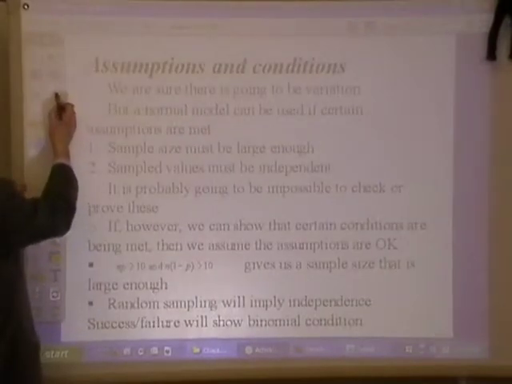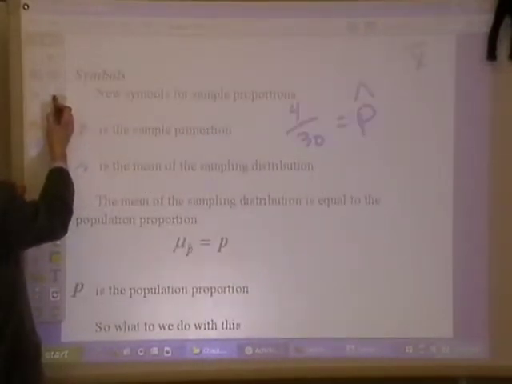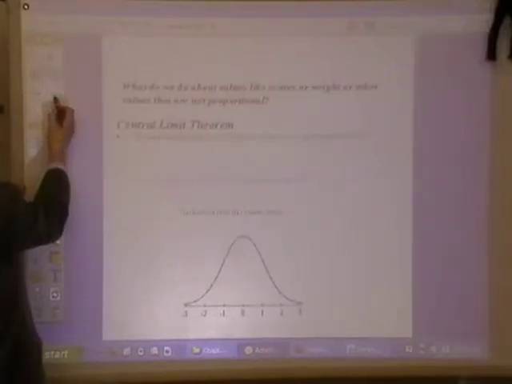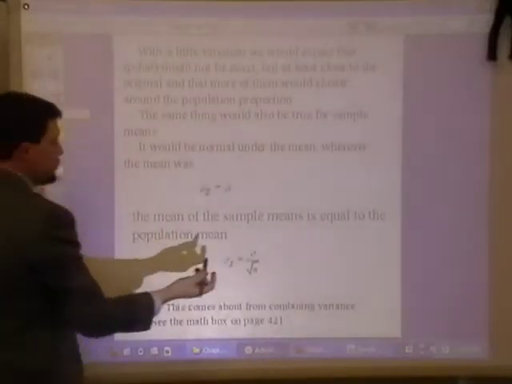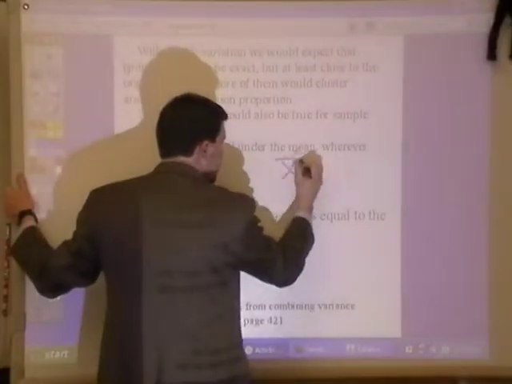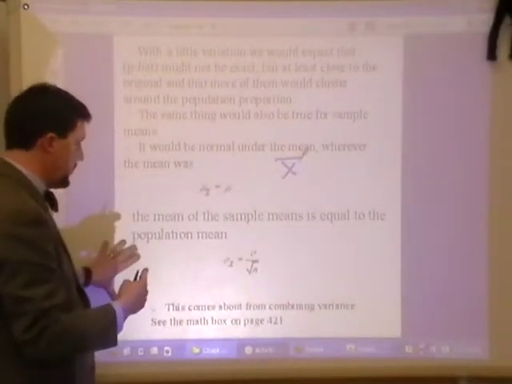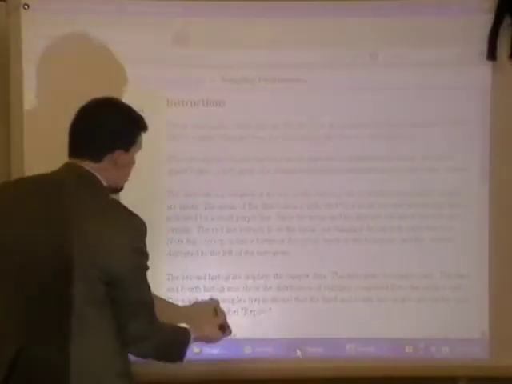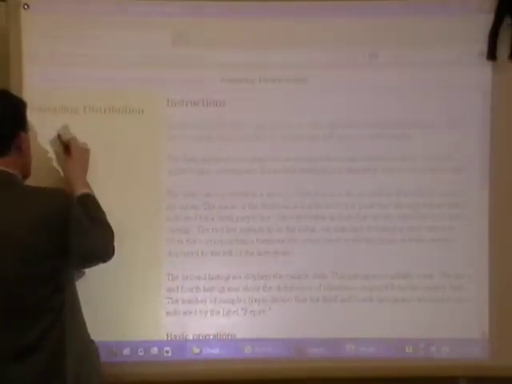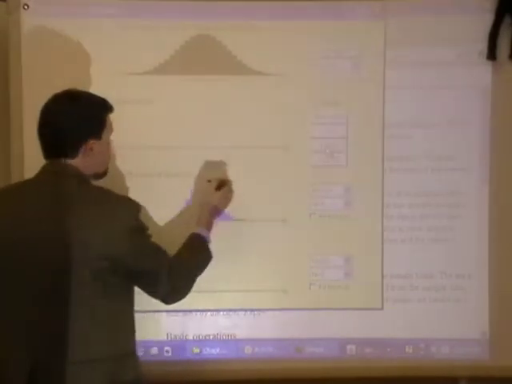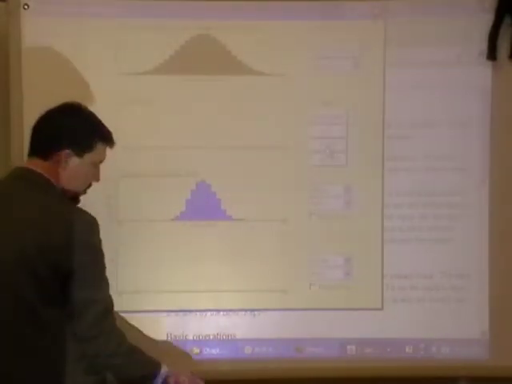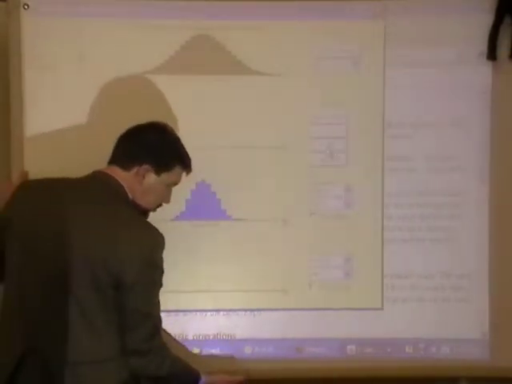Now we can do the same thing for the means. If I have a sample mean, what if I have a whole bunch of means? The mean of that sampling distribution is this thing right here. What's this mean called? It's the sampling distribution mean.